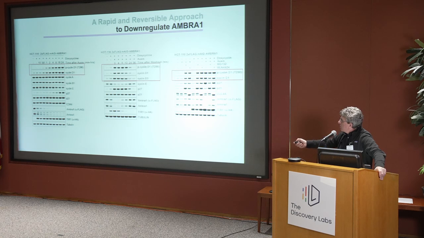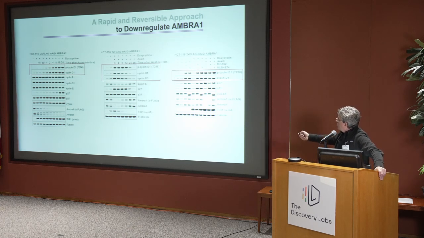So once you treat mammalian cells that have been so modified, you see degradation of endogenous AMBRA within 30 minutes. And once AMBRA is downregulated, cyclin D1 immediately starts to accumulate. You can wash out auxin, and now AMBRA will accumulate again, and cyclin D1 levels will decrease again.